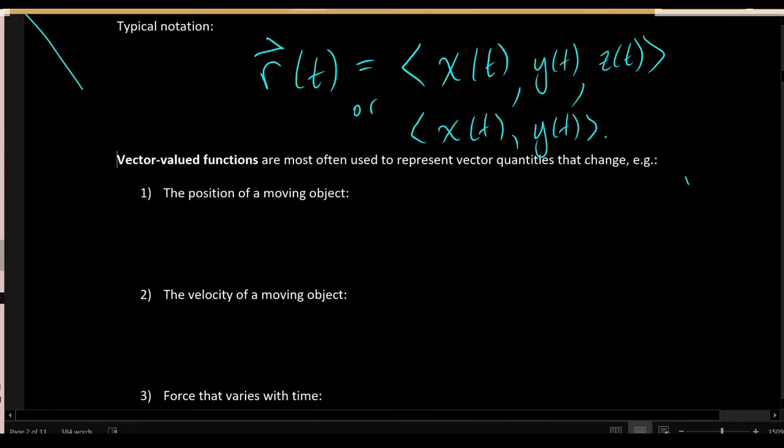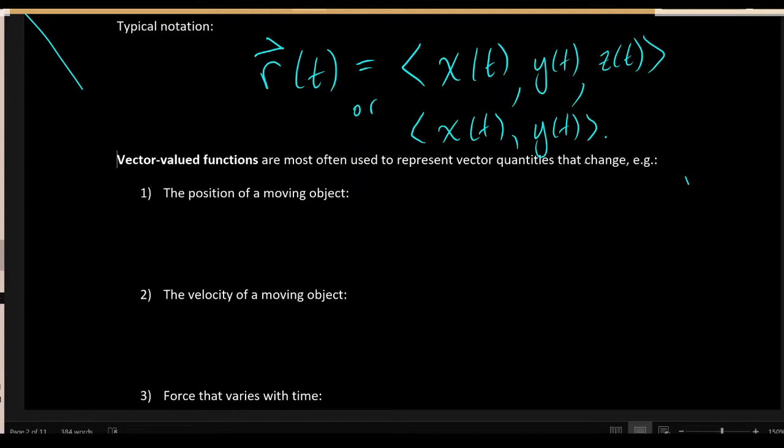Now, vector valued functions are used in situations where you have a vector quantity that is not constant, a vector quantity that is potentially changing with time or with position. For example, we know that vectors can be used to point to specific locations. So vectors can be used to represent the position of an object. But if the object is moving over time, then the position vector is changing over time.